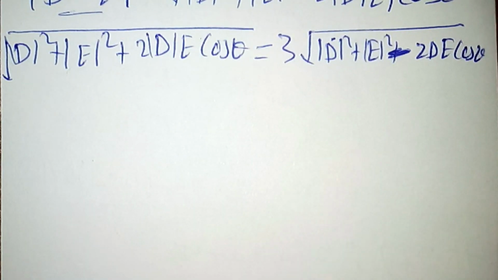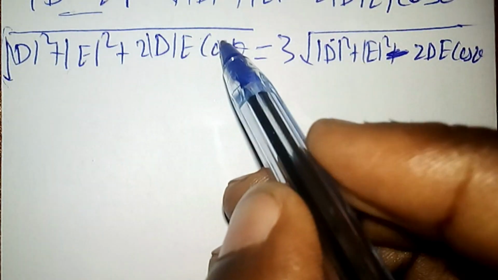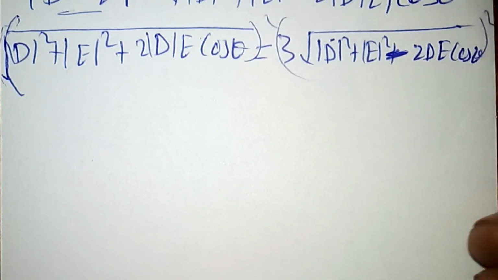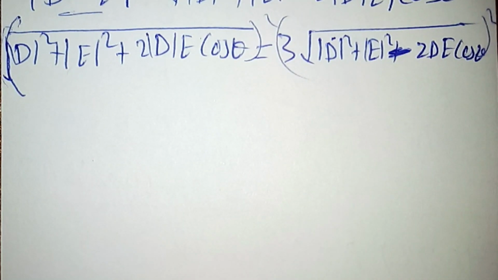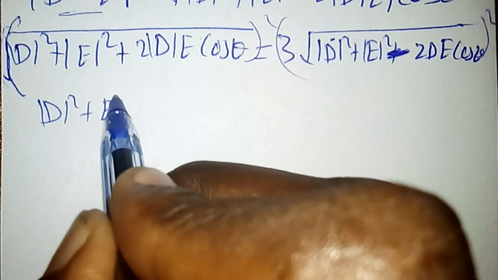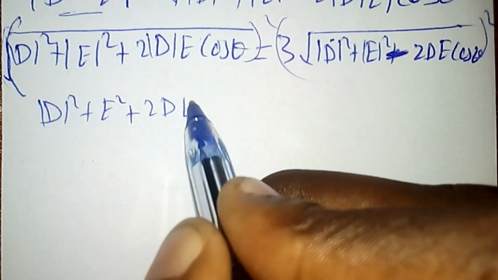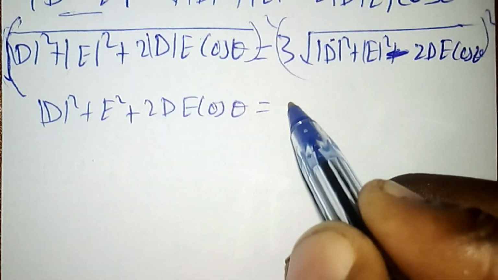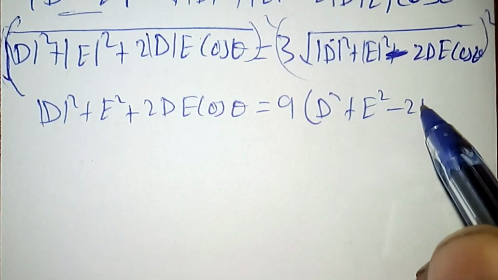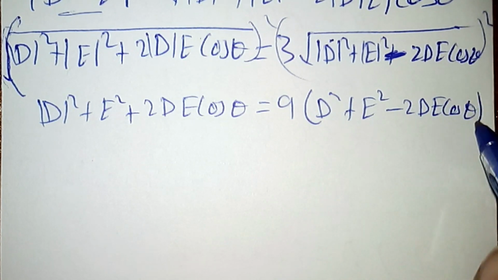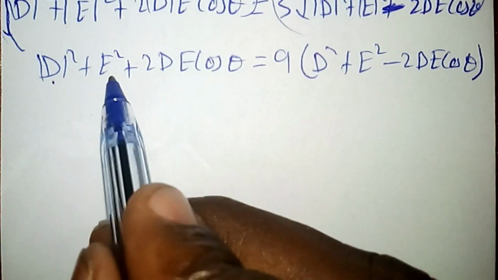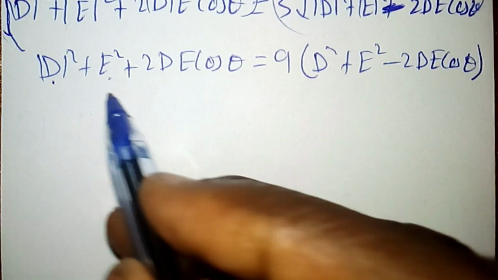So I can square both sides and take out the radicals. This means that D squared plus E squared plus twice D E cos theta is equal to 9 times D squared plus E squared minus twice D E cos theta, because 3 squared is 9.